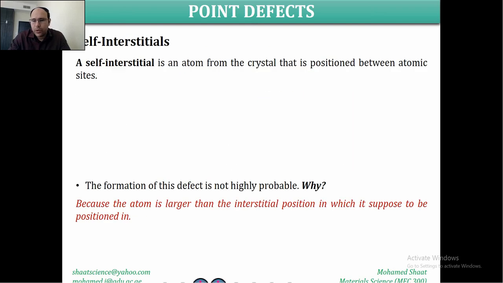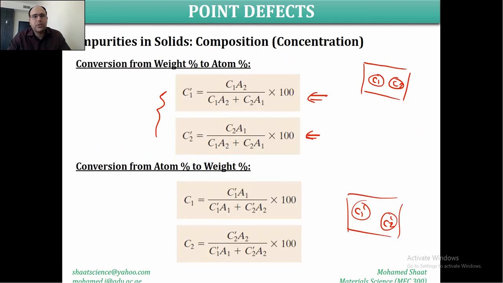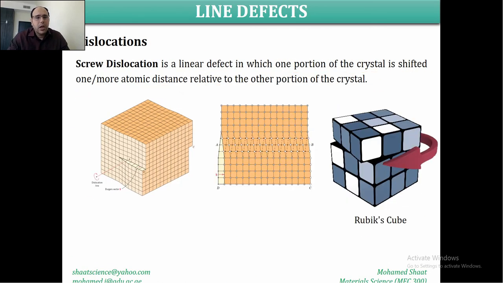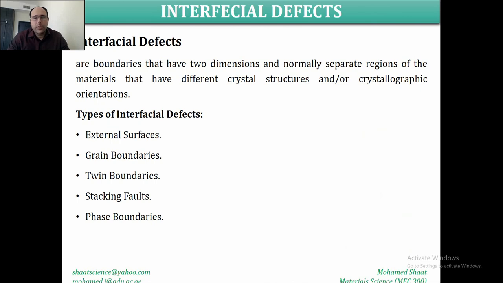But in addition to the grain boundaries, there are other forms of these planar or interfacial defects, which will be covered here. So interfacial defects are boundaries that have two dimensions and normally separate regions of the material that have different crystal structures or even different crystallographic orientation.